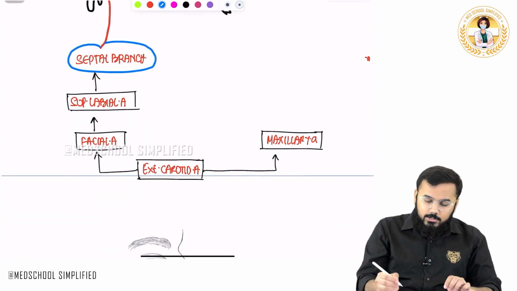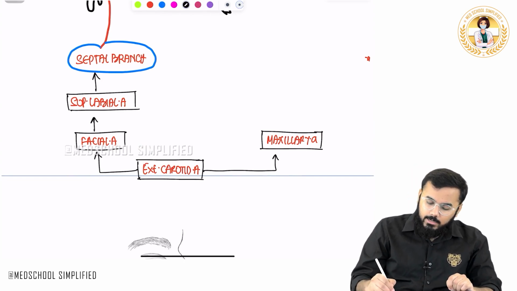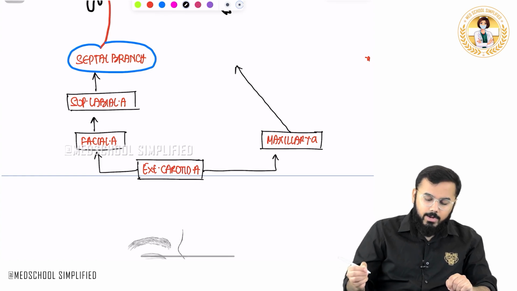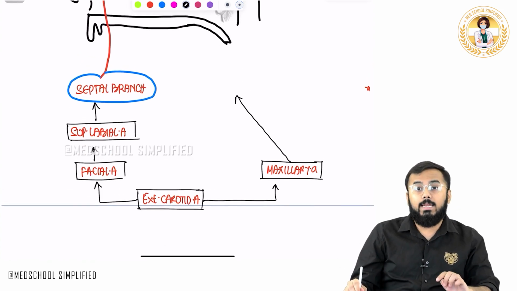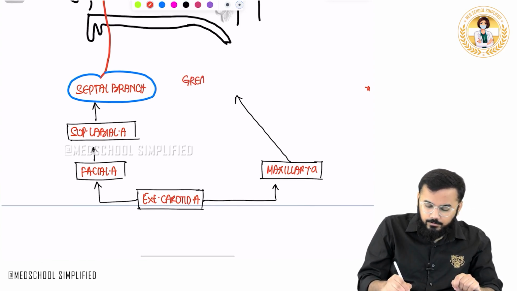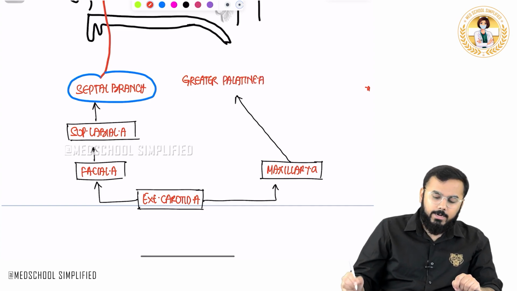After this, you know the maxillary artery over here, right? So this maxillary artery gives one very important branch. This branch is called the greater palatine artery.